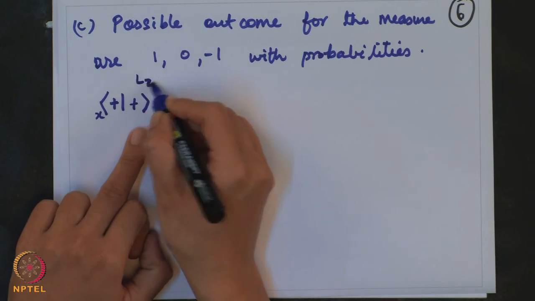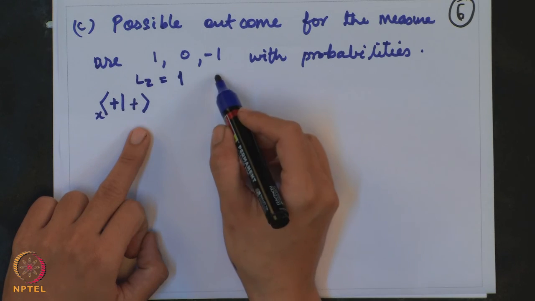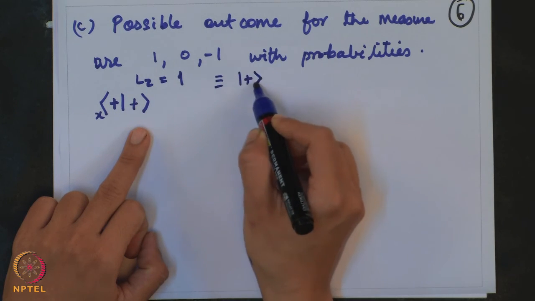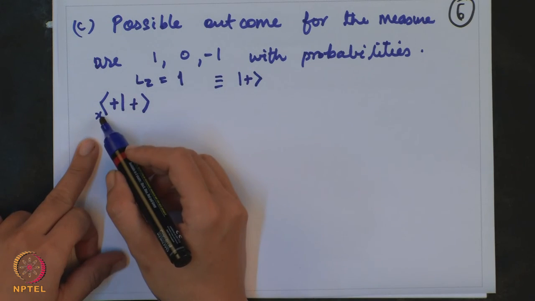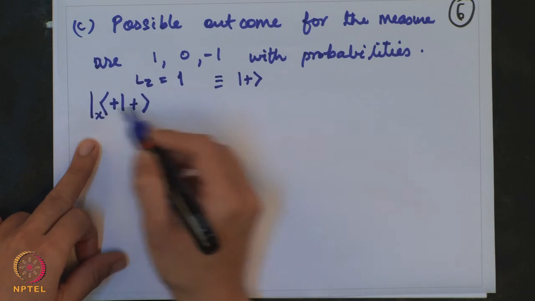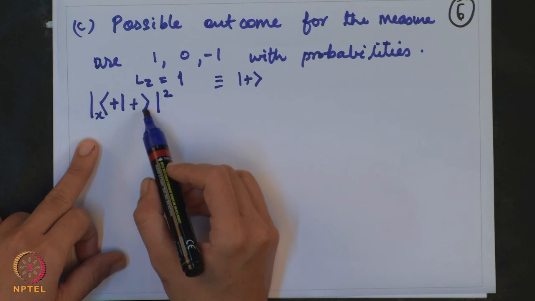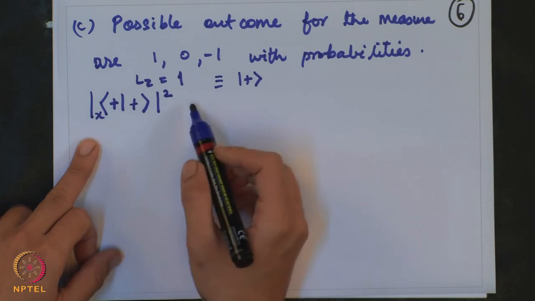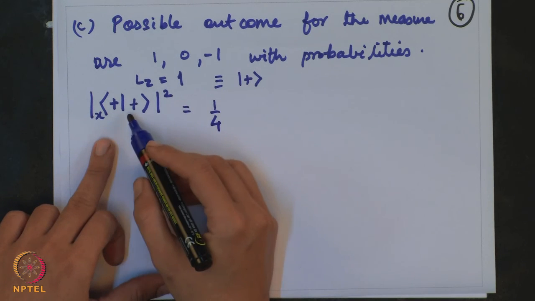Lz is in state 1, which corresponds to the eigenket plus, so we have to find the probability of the measurement on the state Lz equal to 1. This will give me 1 by 4.